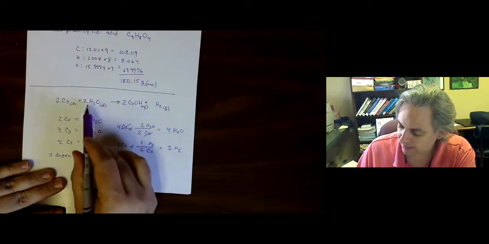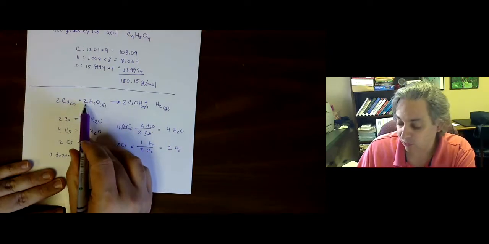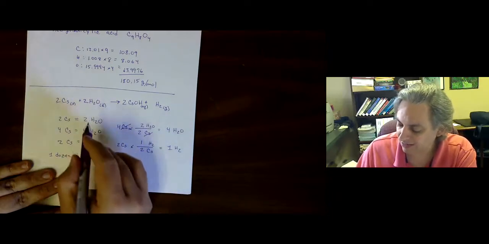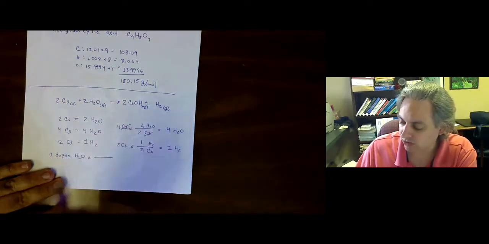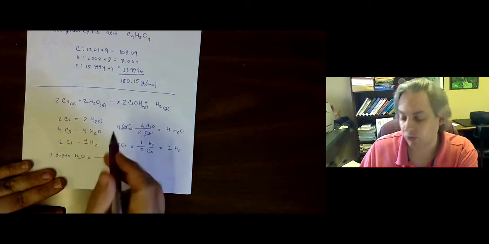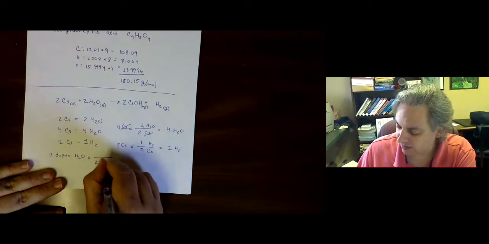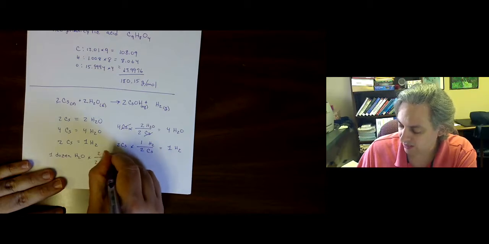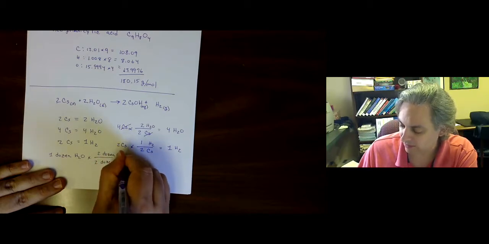Well, again, if we look between water and cesium hydroxide, it's a 2 to 2 ratio. For every 2 of these, we get 2 of these. So instead of saying 2 waters and 2 cesium hydroxides, we're going to say 2 dozen water molecules and 2 dozen cesium hydroxide formula units.